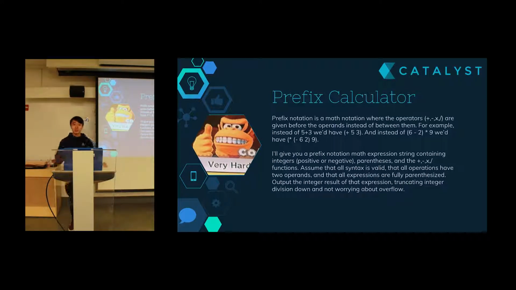Given that we're on the stacks unit, how do you think we might be able to do that? Or even without stacks, how might we want to do it, if you just looked at it maybe recursively?